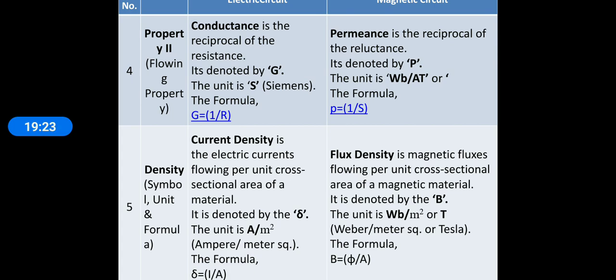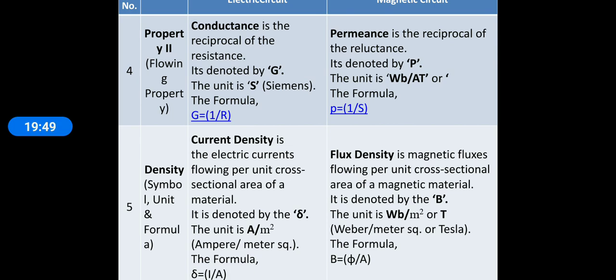It is denoted by G, and the unit of conductance is the siemens, and the formula is G equal to 1 by R. In a magnetic circuit, there is permeance. The permeance is the reciprocal of reluctance.